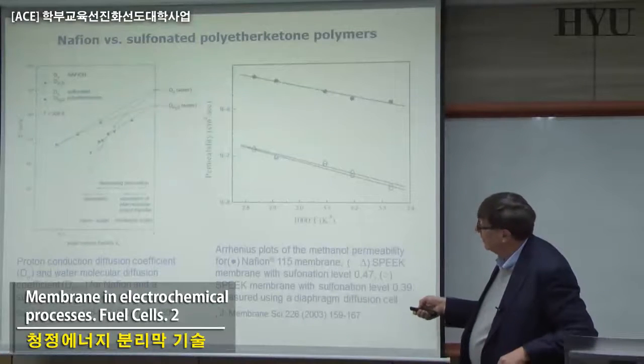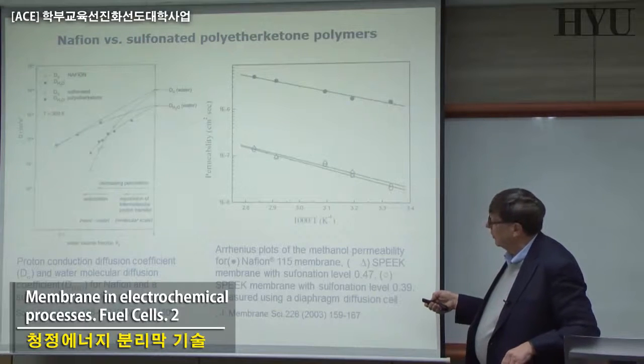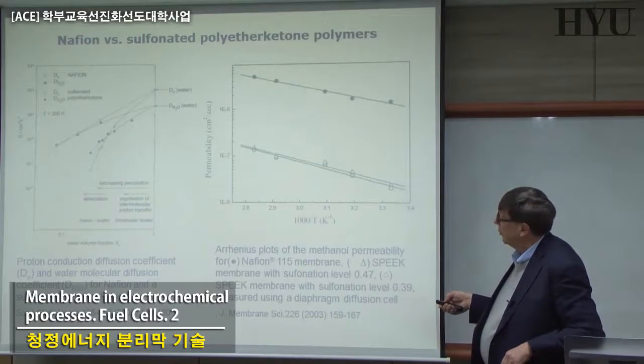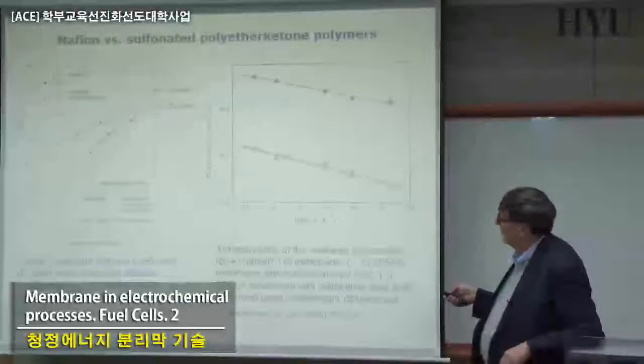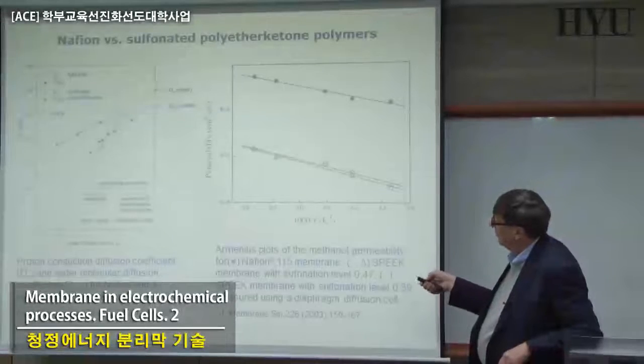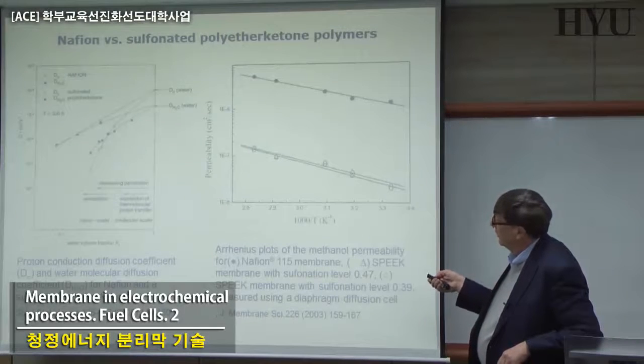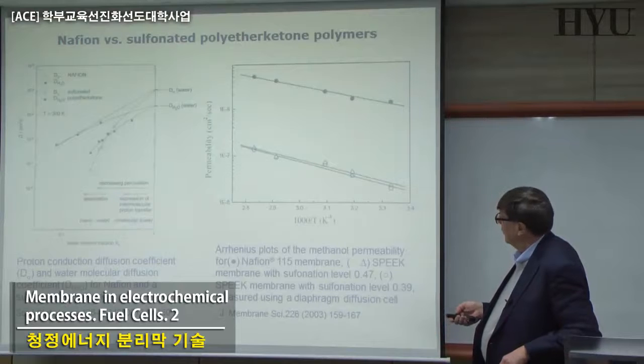This is not a function of temperature, but you can see that if you decrease the percolation, the difference between the two cases keeps increasing. That is just telling you that Nafion is still better than any other polymer at the moment in this range.